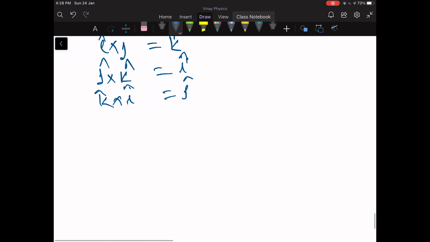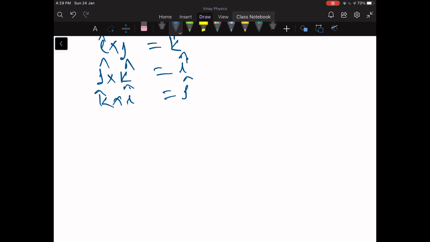This result is essentially obtained by what is called the right hand rule of vectors. Now, what is the right hand rule of vectors? It is actually very simple.